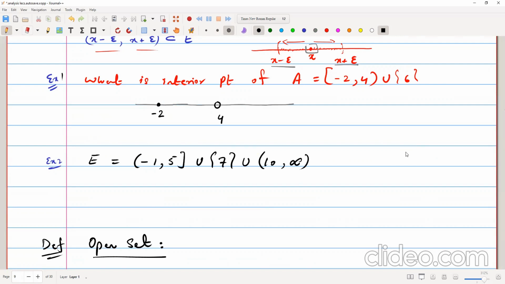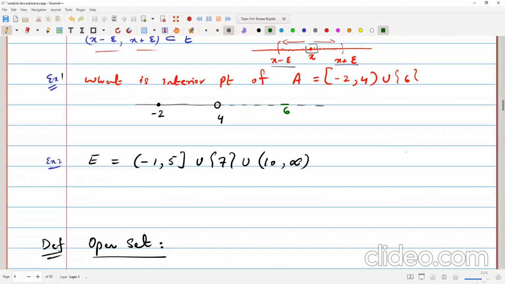And then we have a singleton 6. We can make it a dotted line like this, and somewhere here I have a singleton 6. So this point, let's call it 6.